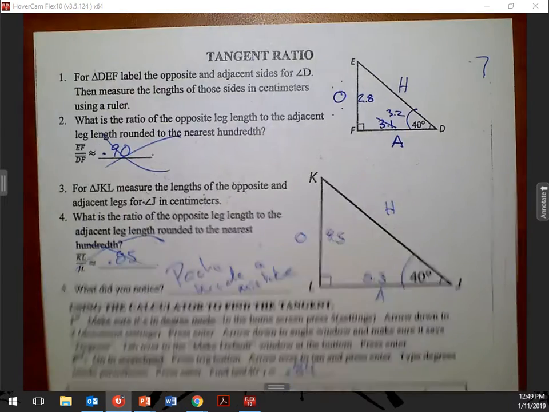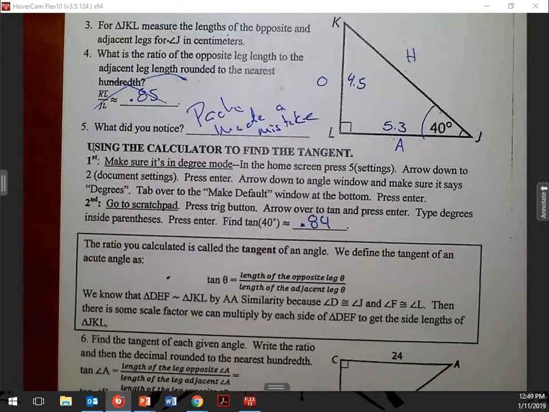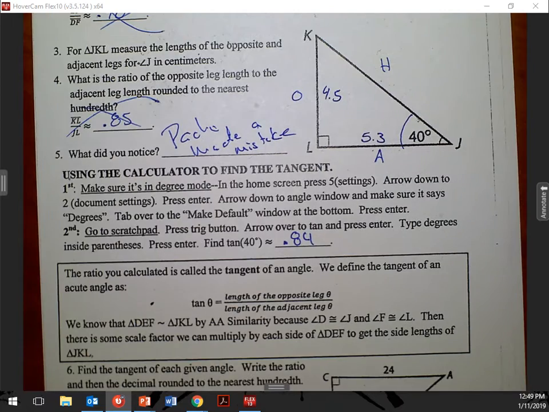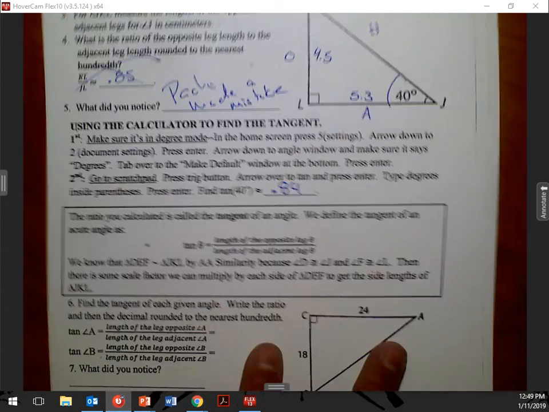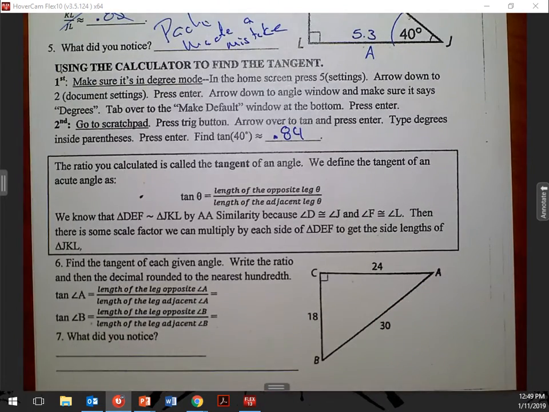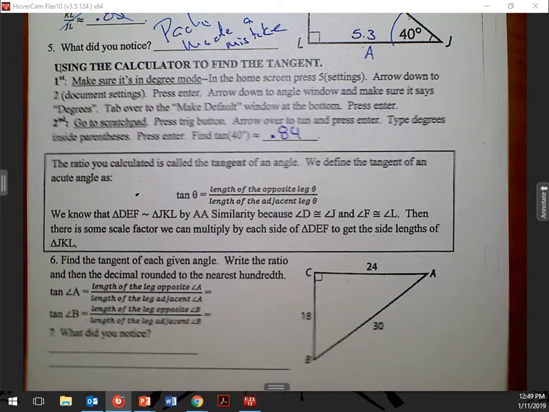Then there is the scale factor. We multiply each side to get the lengths. They're similar, so they have the same scale factor and are proportional to each other, if they're actually correct. This one was not.